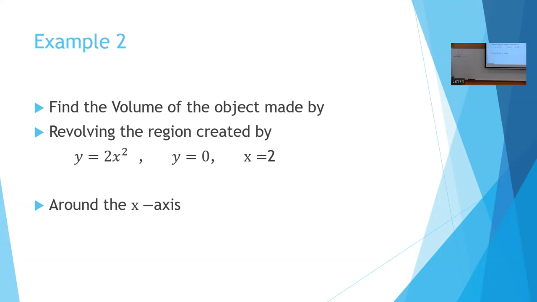Y equals 0 is the x-axis itself. And x equals 2 is a vertical line where all the x values are 2. And we're going to revolve that around the x-axis.